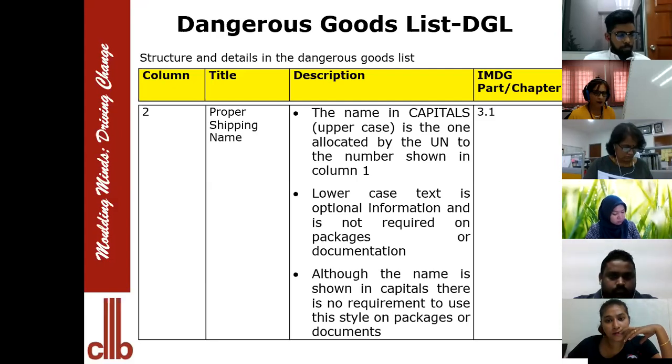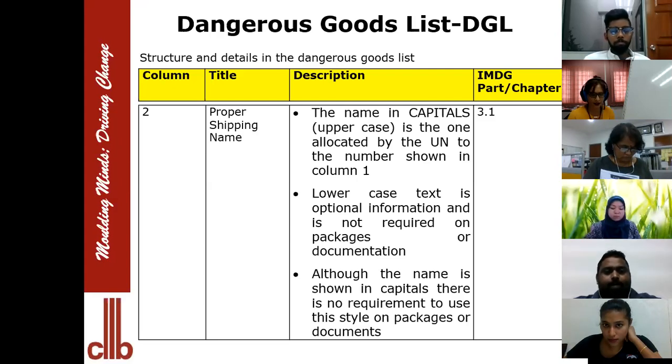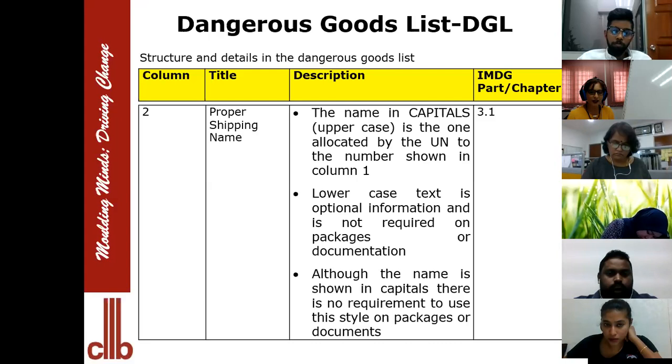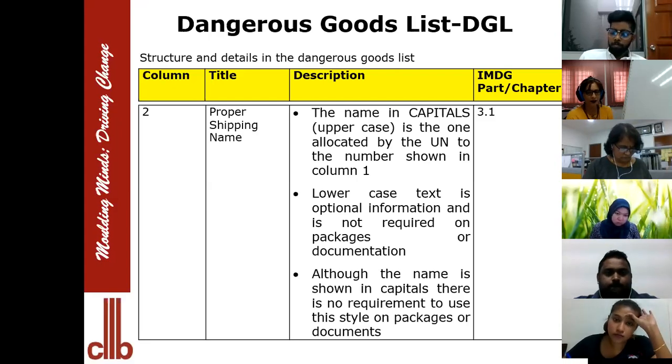So the PSN for UN 1358 is zirconium powder, comma, wetted. The information with not less than 25% water, all that is not a PSN. That is just explanatory information on the PSN. So PSNs are only what you see in capital letters, no small letters. And if the PSN has a comma, then we follow the comma.